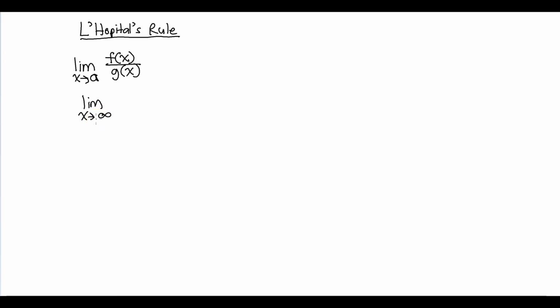As x approaches infinity, negative infinity, or just a constant, a ratio of two functions, f of x over g of x, is equal to either 0 over 0 or infinity over infinity.